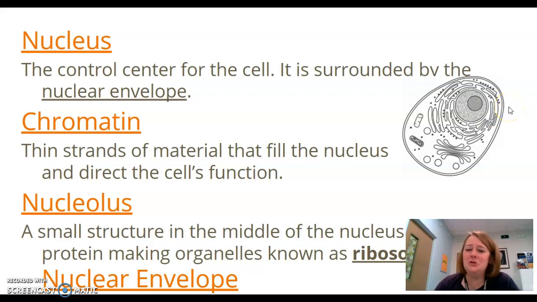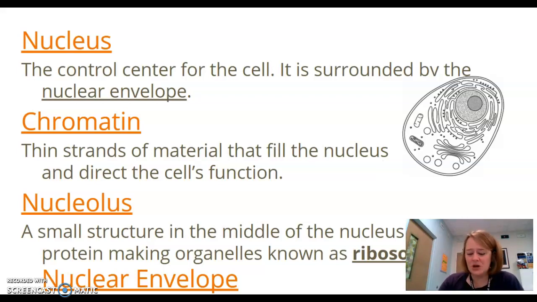Then there's this really cute little part of the nucleus, like a little tiny baby. It's right here. It is the nucleolus. That's how I remember it, because it's like a nucleus, but, oh, it's so cute, a little baby nucleus. See, nucleolus. The nucleolus is important because it produces ribosomes.